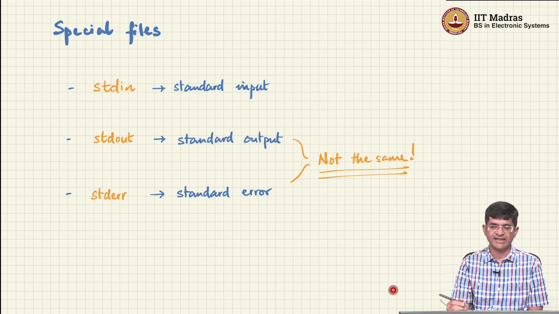So, it is part of the C runtime, and all of these things, stdin, stdout and stderr, are defined within those header files.